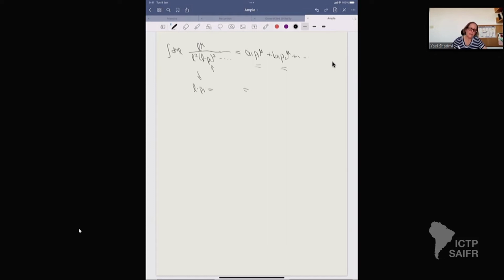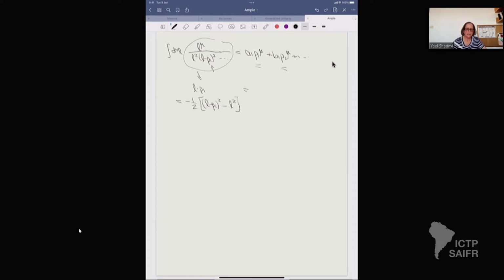So in the loop integral, if we have an L dot P1, we can write this as minus a half of L minus P1 squared minus P1 squared, minus L squared, sorry. Minus L squared.